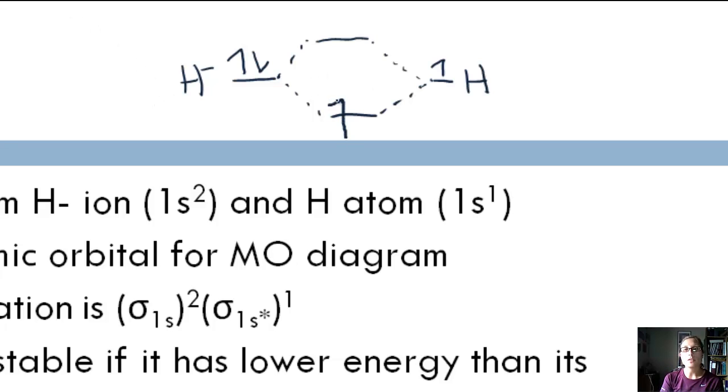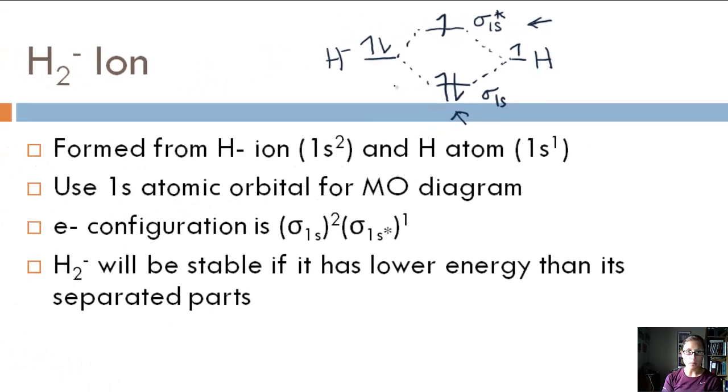And so then we're going to first fill the lower energy, which is our sigma 1s, and then we're going to fill our higher energy, which is our sigma 1s asterisk or antibonding, and we've got 1 left, so we'll point it up. And so our electron configuration becomes sigma 1s2, so that's because we have 2 here, and then sigma 1s asterisk 1 because we have 1 electron in that molecular orbital.